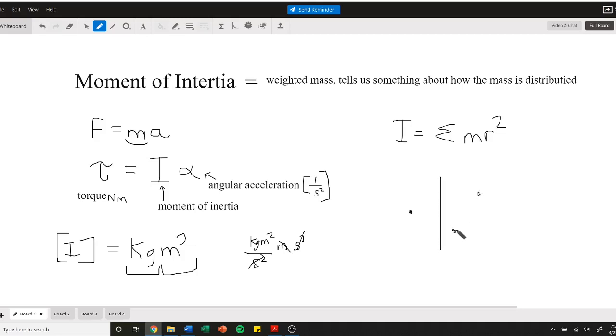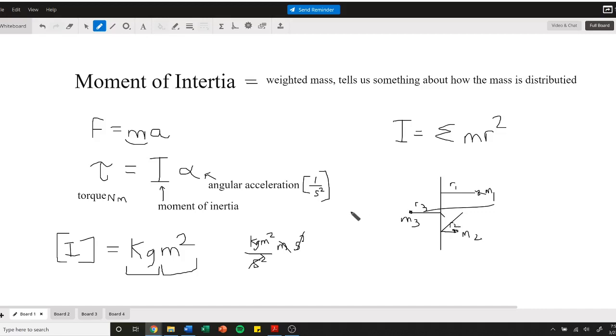It depends on each of these masses, the masses of each of these particles, and the distance they are from the axis. R1, R2, R3. So we can sum these all together to find the moment of inertia.